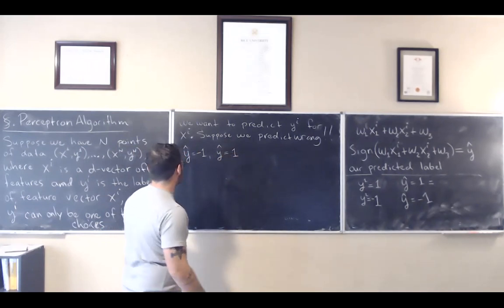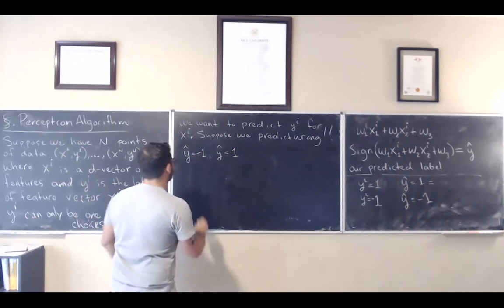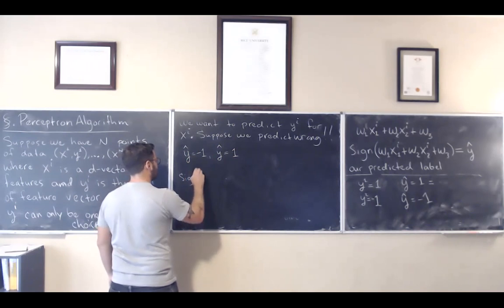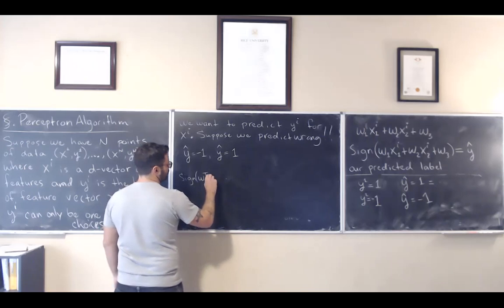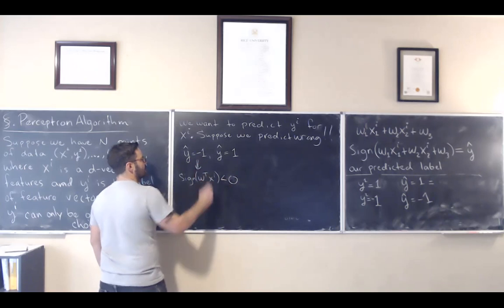So let's fix it. So what does it mean that the prediction is negative 1? It means that the sign of W inner product xi, that is less than 0, right?